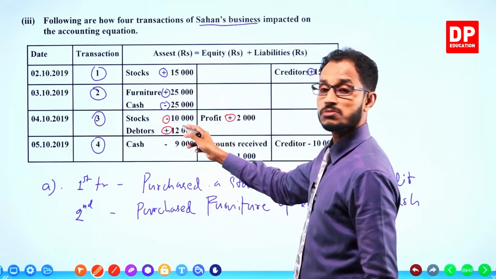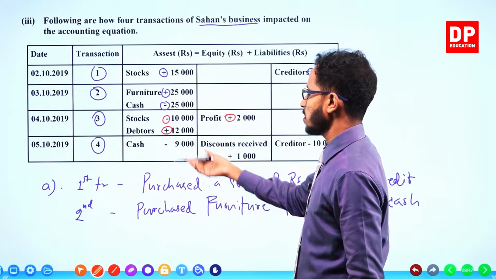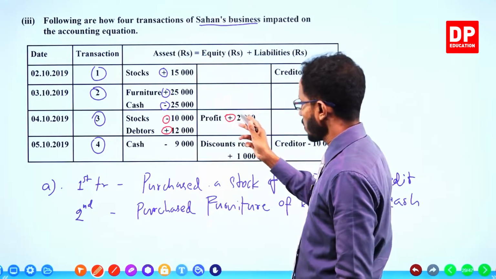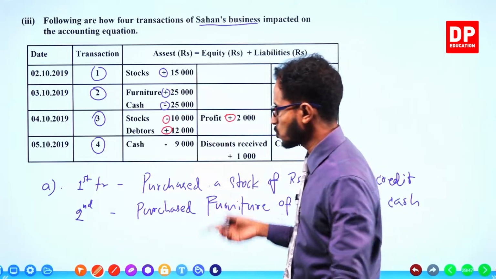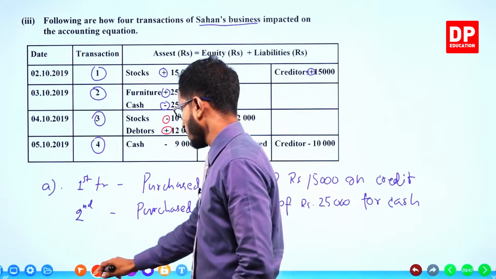Third transaction. Stocks 10,000 minus. That means decreased. Debtors increased with a profit. Yeah, we talked about this one, the red one.